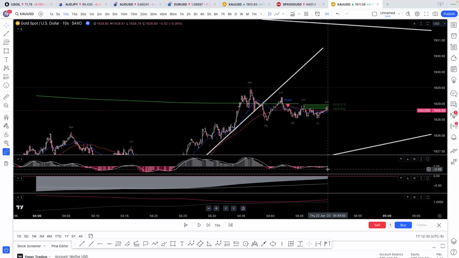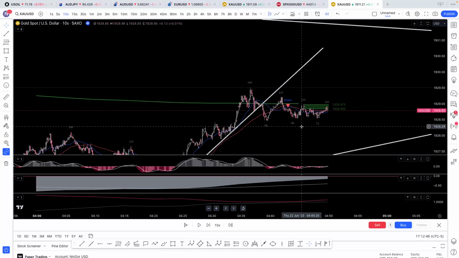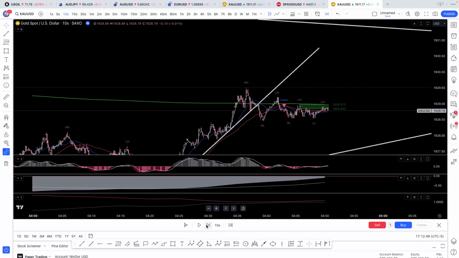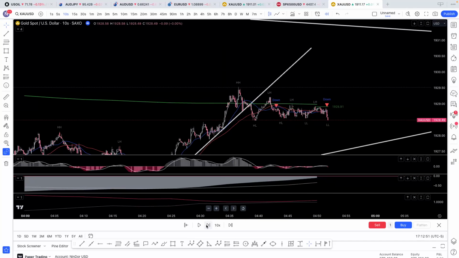The MACD for my analysis is bearish, and the vortex sentiment is bullish. So far I've got some disagreements here, so I'm going to play this. Okay, so this is bearish, this is bearish, this is bearish, and I've got low volume. The moving average is flat. I've got the CJ arrow, price is below.